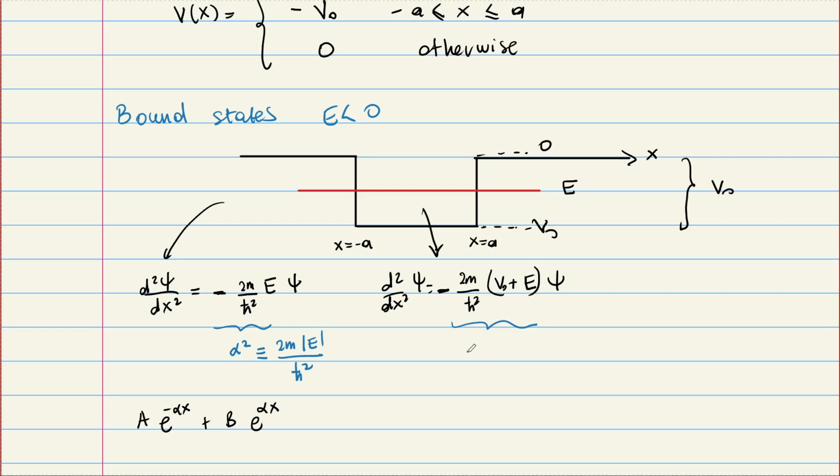And for that, I'm going to call it, I don't know, what did I call it here? Let me call it Q squared, which is going to be equal to 2m over h bar squared, V naught plus E.